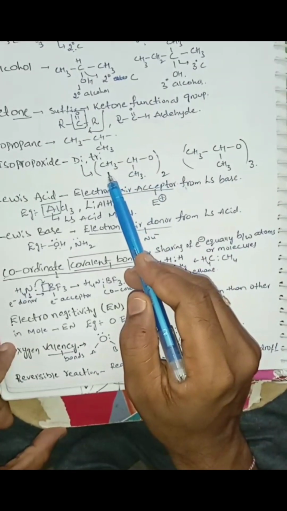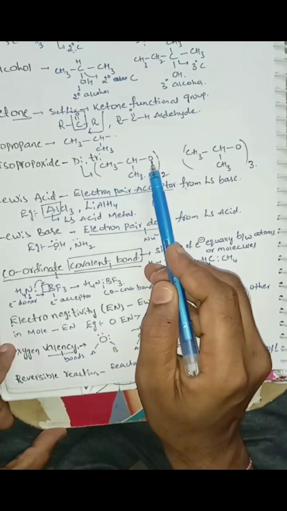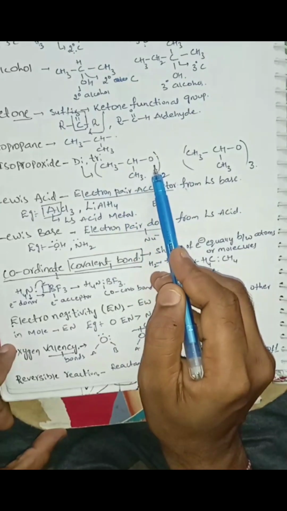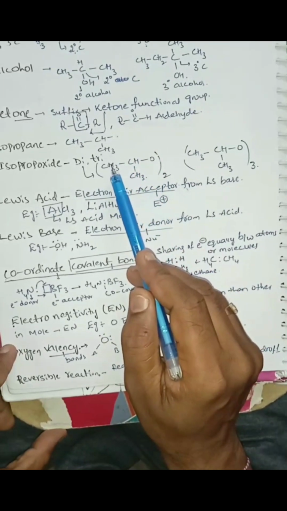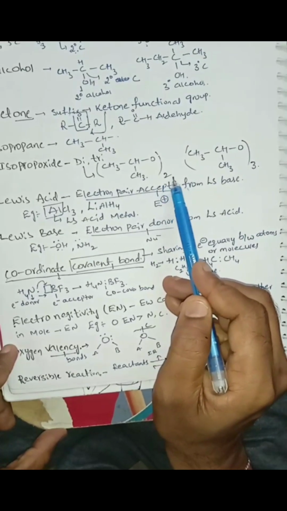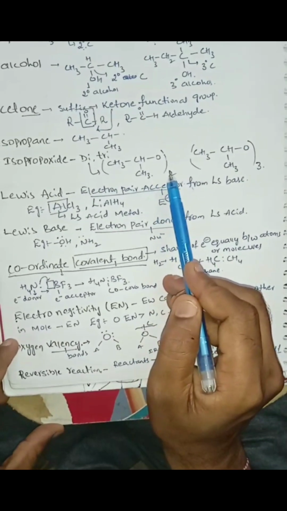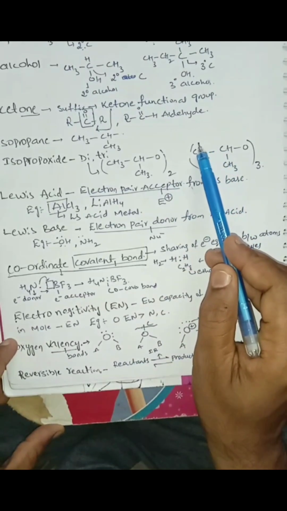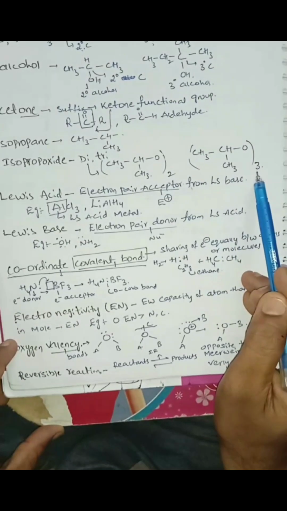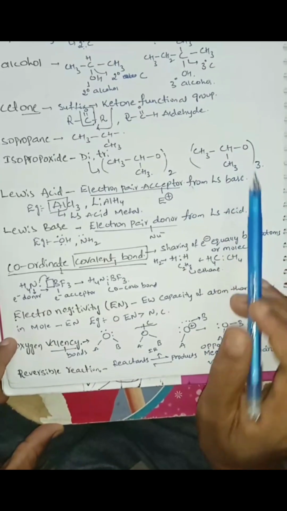So to the isopropyl group oxygen is attached, so this is isopropoxide. If two molecules are attached, that is diisopropoxide. To the isopropoxide, if three molecules are present, that is triisopropoxide.